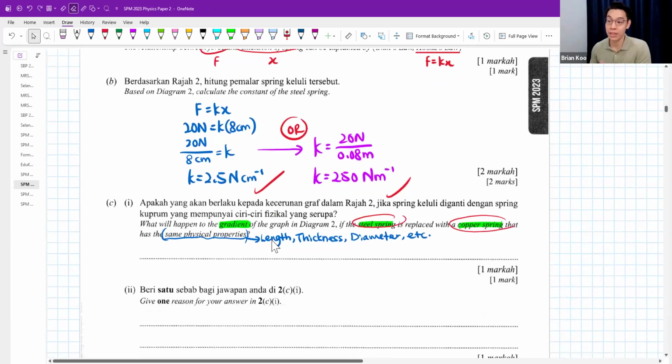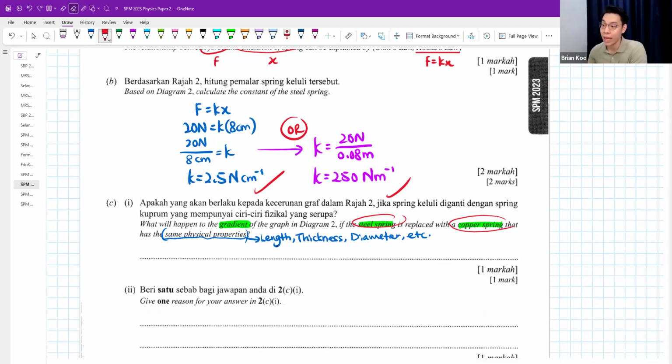So first thing, do you know that the gradient represents the spring constant? Secondly, do you know that a copper spring is softer? A softer spring always means that it has a smaller K value. So what happens to the gradient? The gradient decreases. You just need to answer one word, already got marked. The gradient will drop because the gradient is the K. The K value will drop.